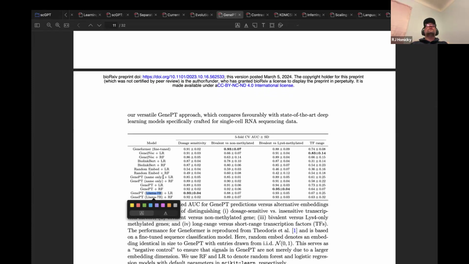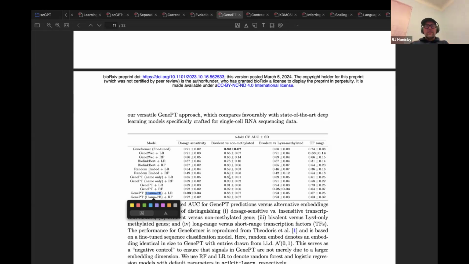Because it hasn't been trained on contrastive text, it's not clear to me that that's actually a great comparison. Something from the open MTEB, the massive text embedding leaderboard, might do better. So I was going to actually try that and see how it did.